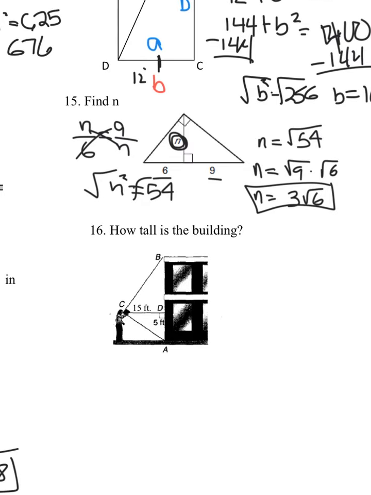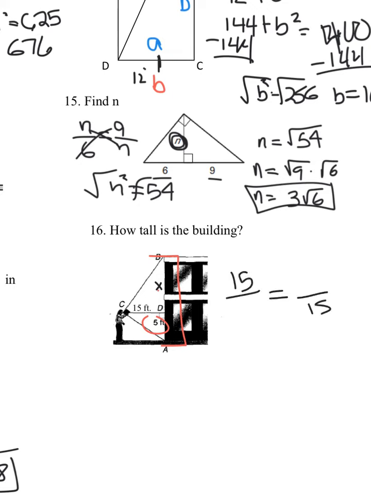Number 16, how tall is the building? So again, Pythagorean theorem, but instead of an x there is a number. Now, we're going to put a variable here at BD, and that's not going to give us the height of the building. Don't forget the height is this. Once I find this x, I need to add that 5 to it. Now, the 15 there is the geometric mean. It's the altitude.